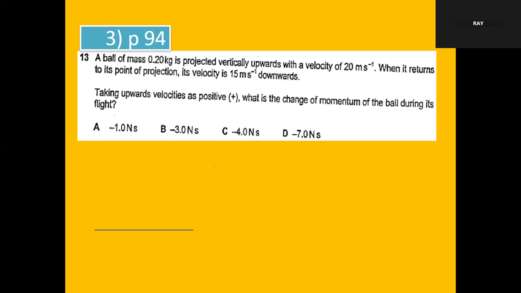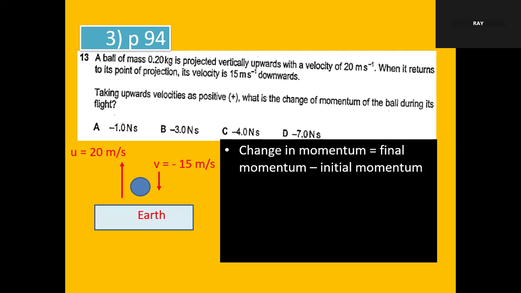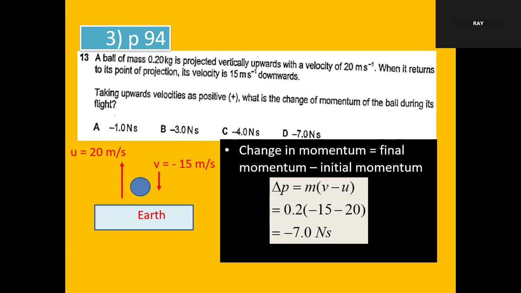What's the answer? I have a picture of what is happening, or draw it out. So change in momentum is final momentum minus initial momentum. Yep, minus 7. So H. Correct.